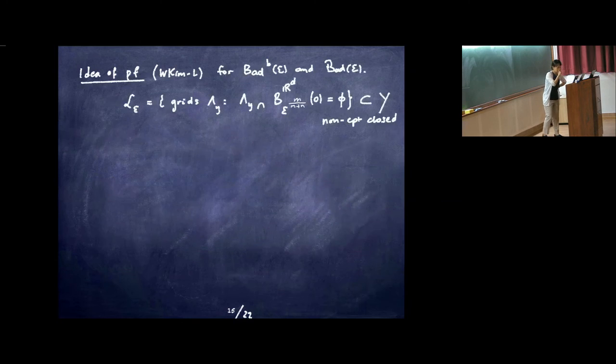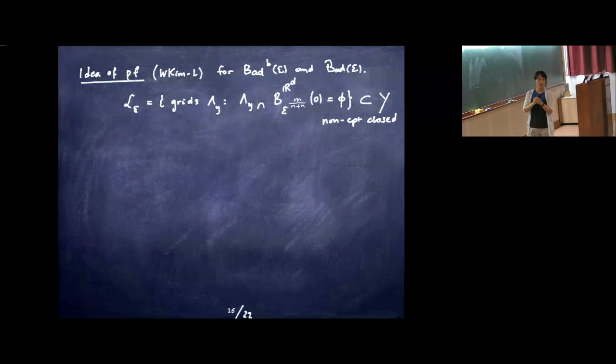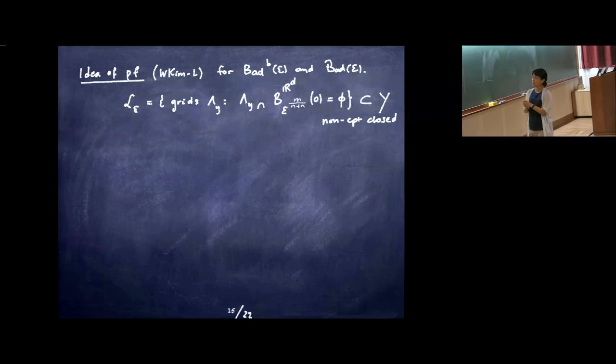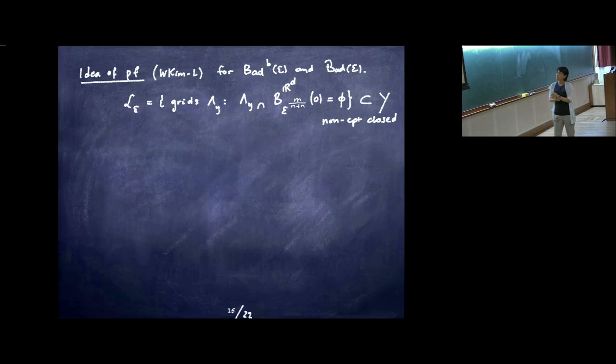So now, for the dual case, we just need to take care of the dual case. In that case, the trick was that we have to take this L_epsilon, which is all the grids that don't intersect a small ball of radius epsilon to the m over m plus n.